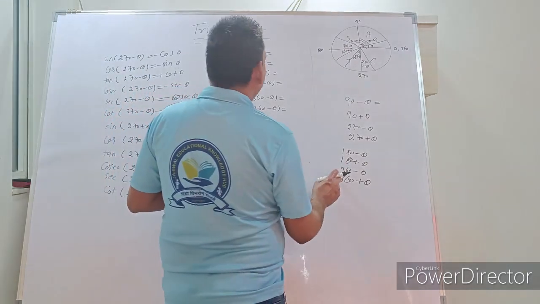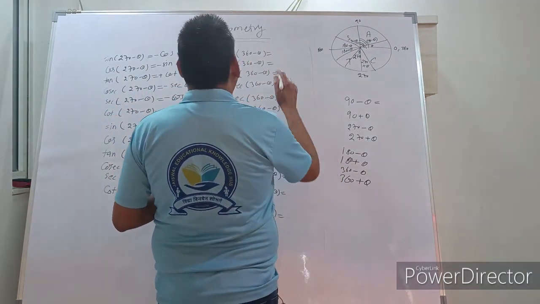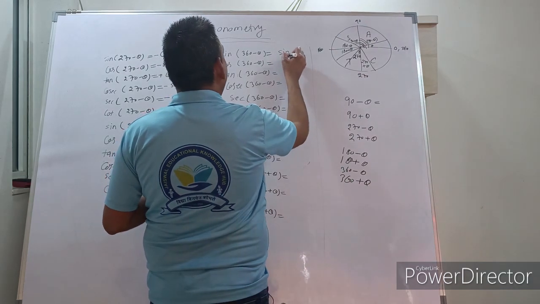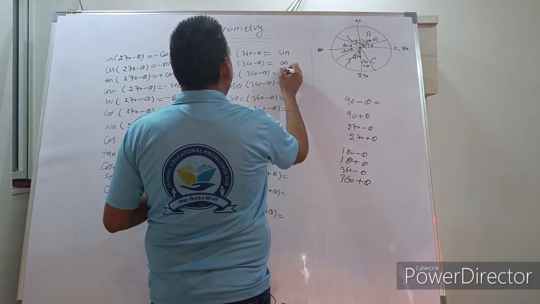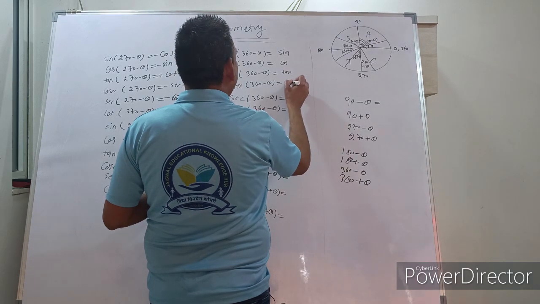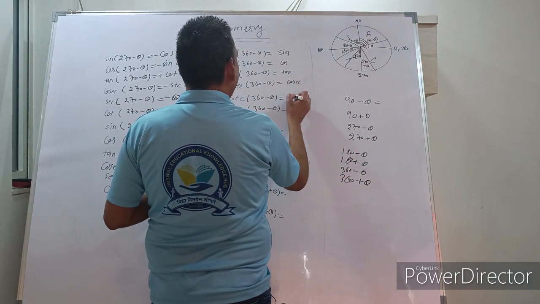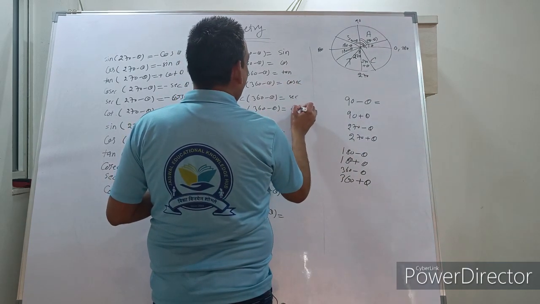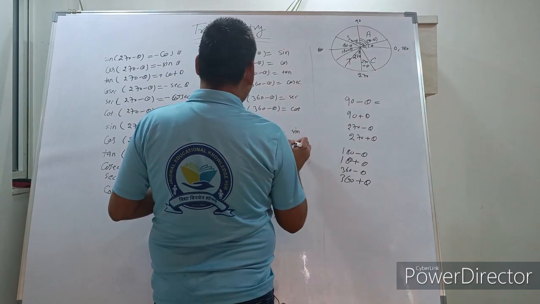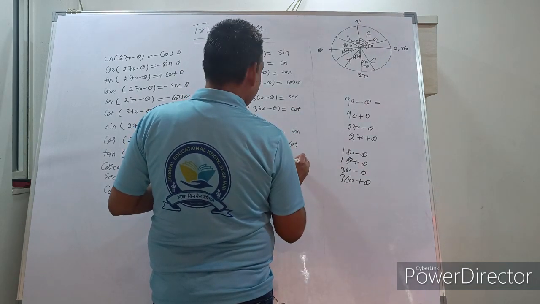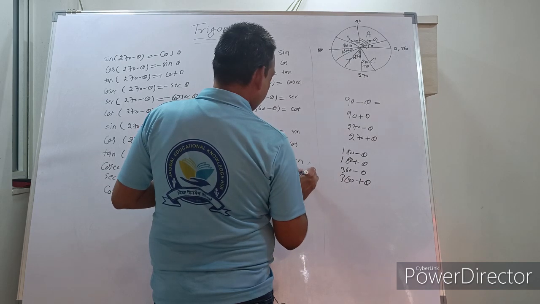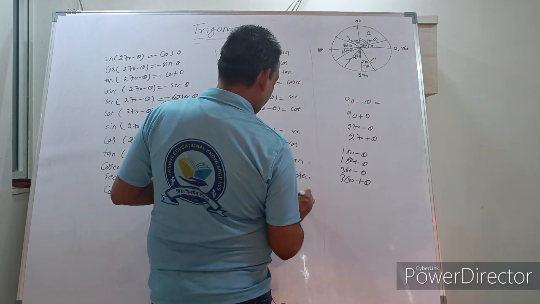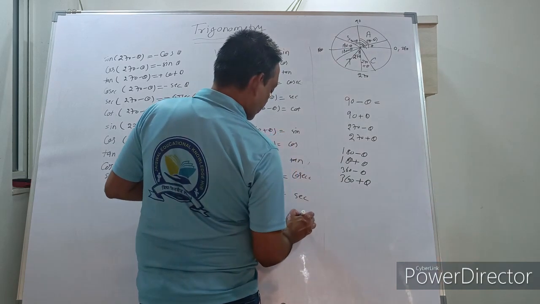So for an even multiple, 360 degrees, sine will be sine, cos is cos, tan is tan only, cosec is cosec, sec is sec, and cot is cot.